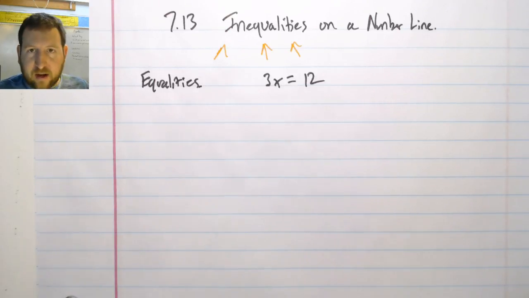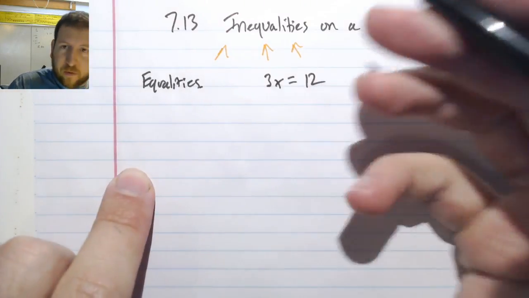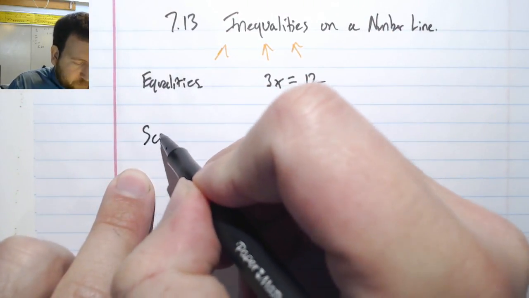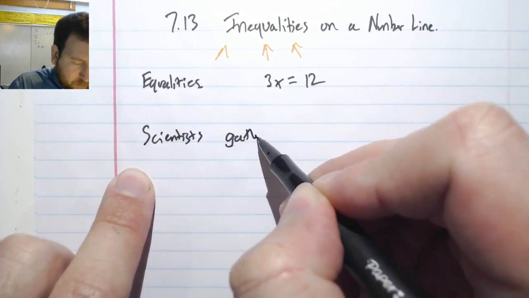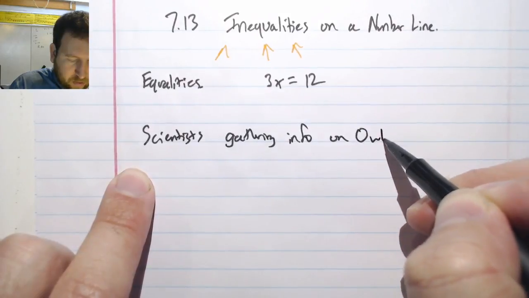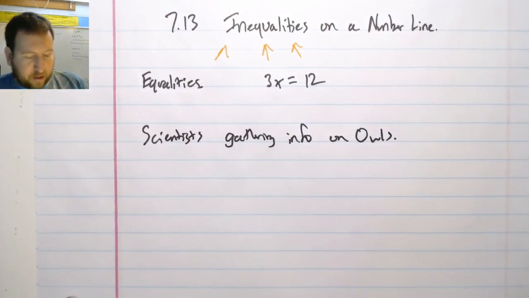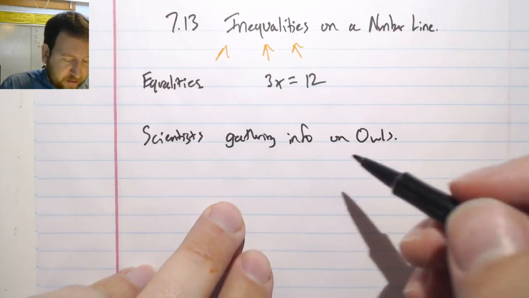So let's take a look at an example where we are talking about some scientists and they're gathering some information on owls. And looks like most of the owls, or all the owls they were getting, have a beak length of less than 7 centimeters.